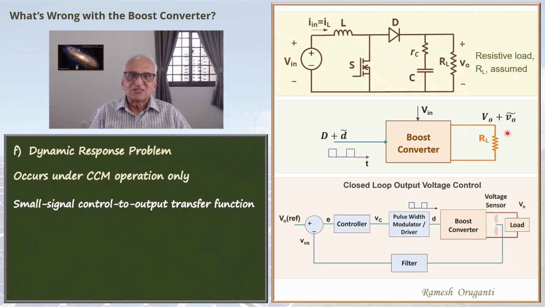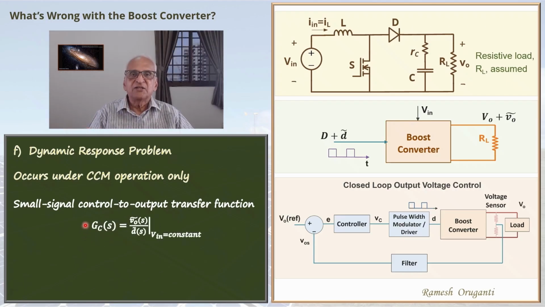That will tell us how the boost converter operates for small perturbation around the steady state. We can use that to define the small signal control to output transfer function. So the small signal control to output transfer function is given by V0 tilde S divided by D tilde S, keeping V in constant.